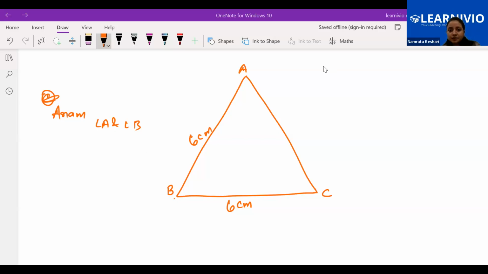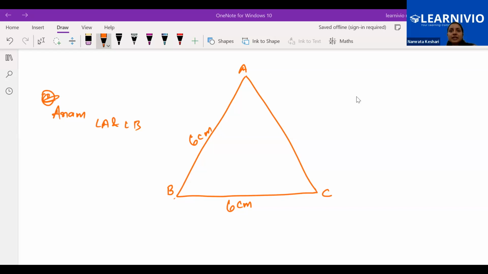Okay, let's see. This side BC is 6 centimeters, this side AB is 6 centimeters, triangle ABC is an isosceles triangle. Which two angles will be the same? That was the question.